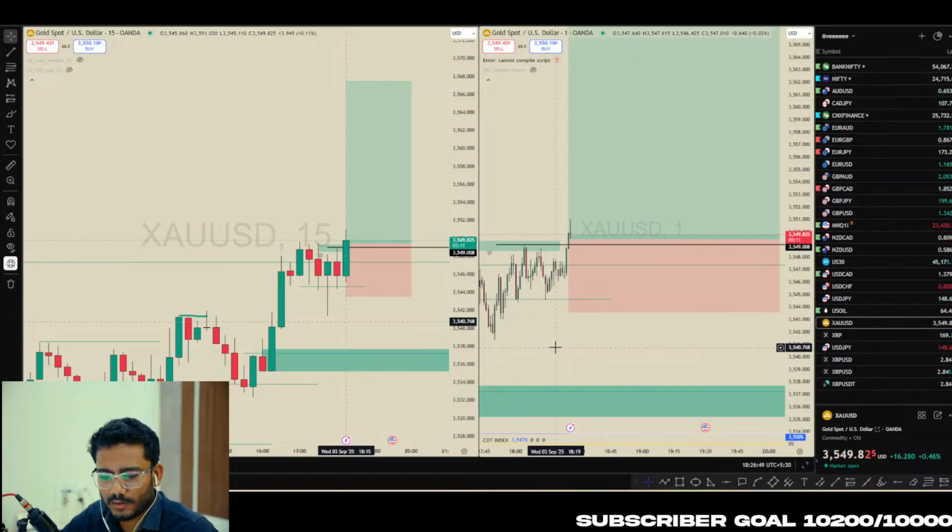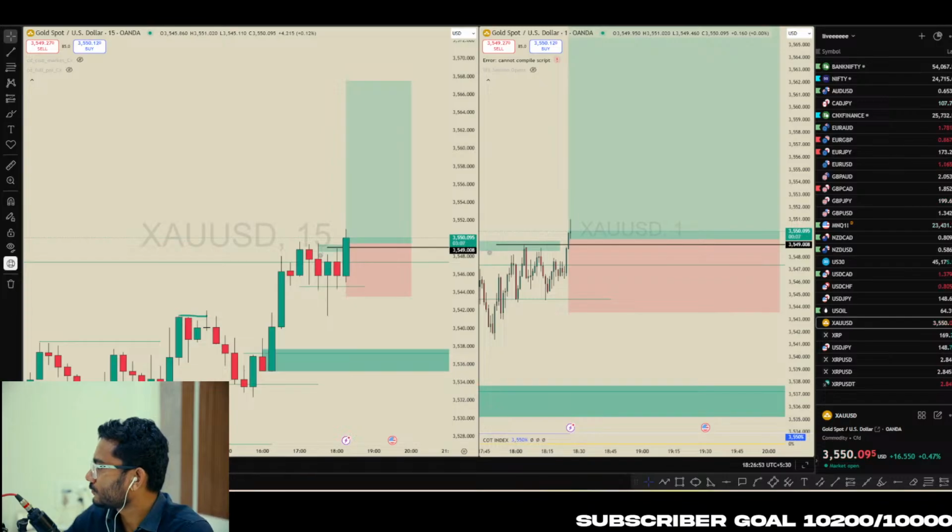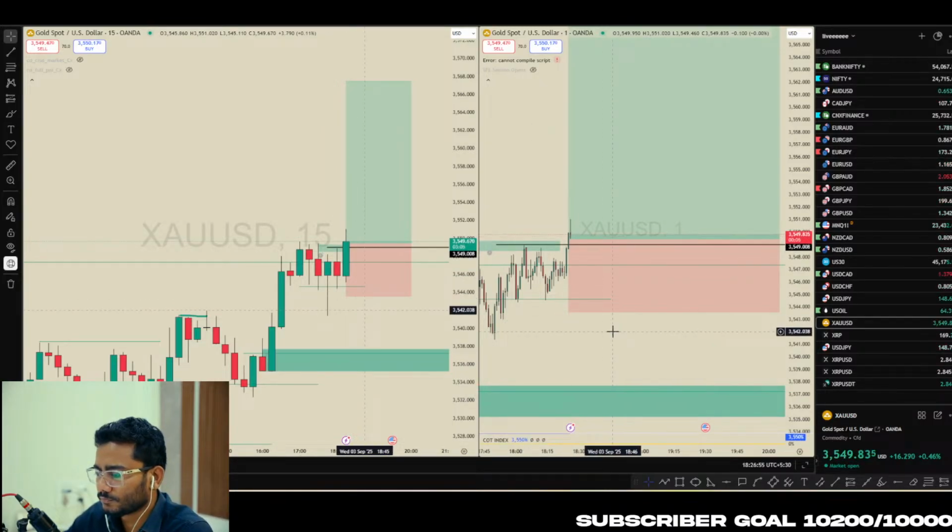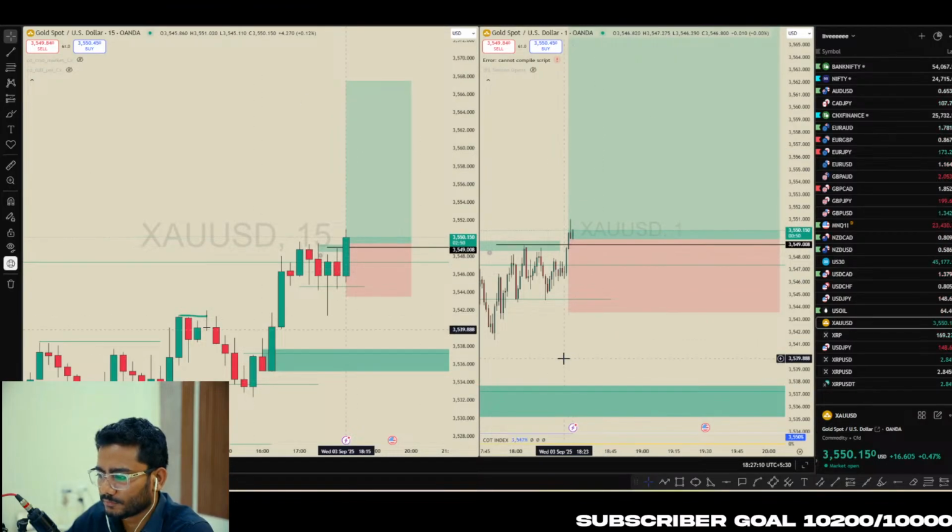Let's wait for another candle. You can look for an entry here.